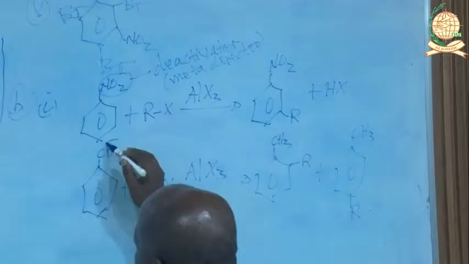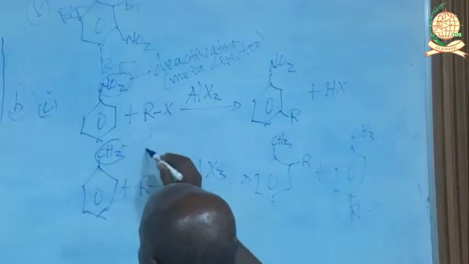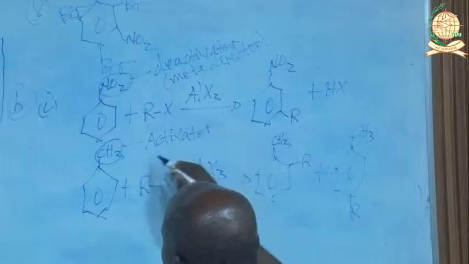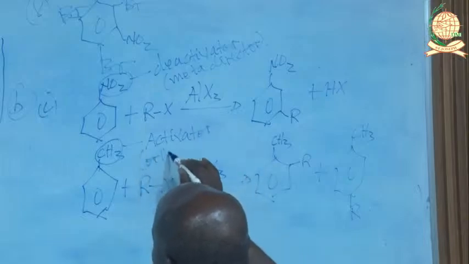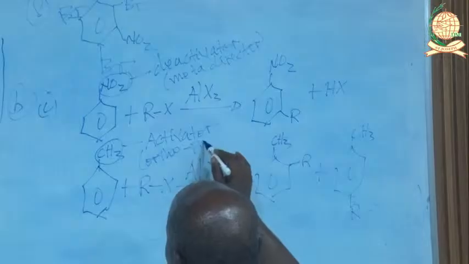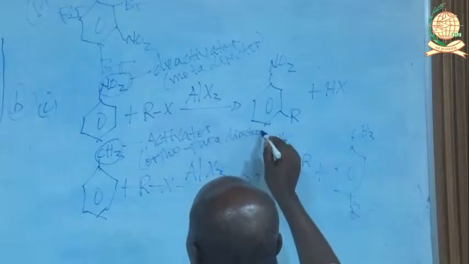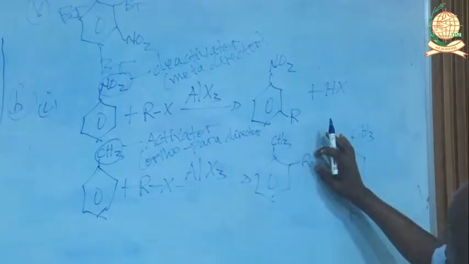But the methyl group is an activator, so it is an ortho para director. So it will form two products, that is the ortho product and the para product.